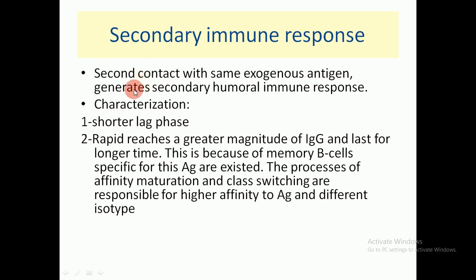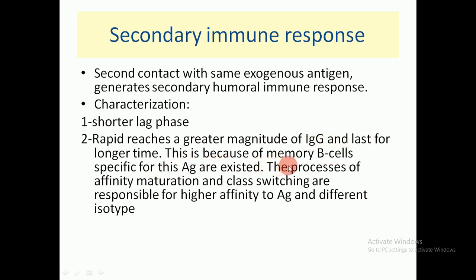The secondary immune response generates a secondary humoral immune response, characterized by a shorter lag phase, which is the opposite of the primary, and second, it rapidly reaches greater magnitude of IgG, while in the primary immune response it is IgM, and it lasts for a longer time.